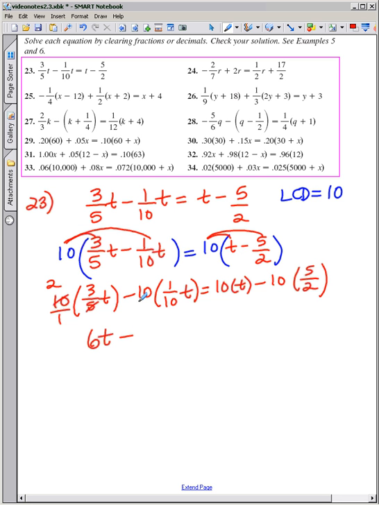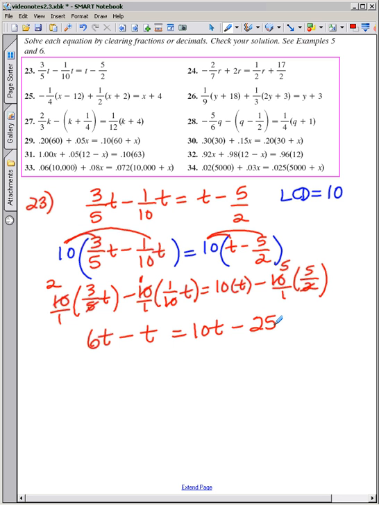The 10 over 10 goes into 10 one time. 1 times 1 is 1t. Notice that we have a minus sign there, so we can simply put minus t. And that's equal to 10 times t. There was no fraction in that term with t, so it just stays 10t. And then notice here, 2 goes into 10 5 times, so 5 times 5 is 25.